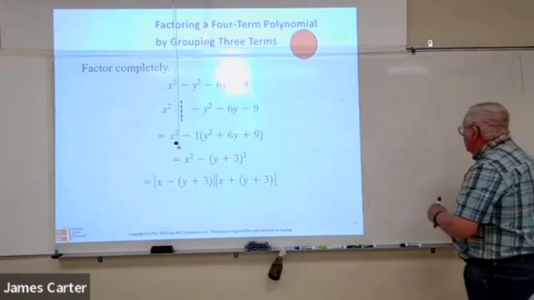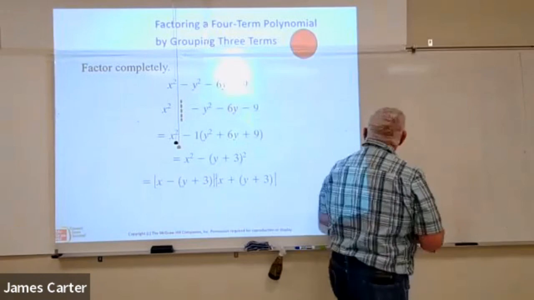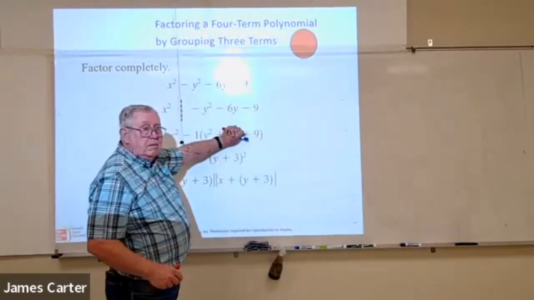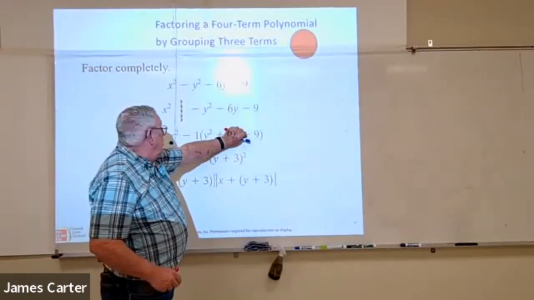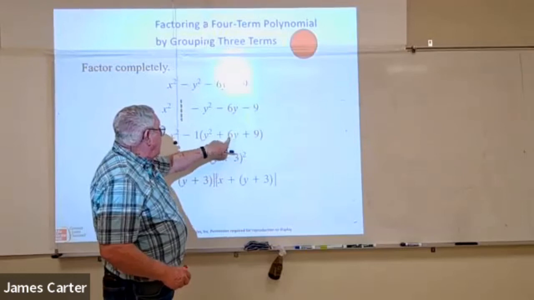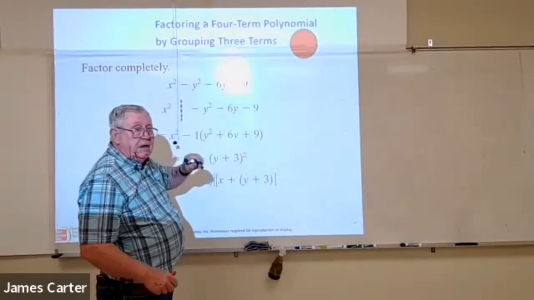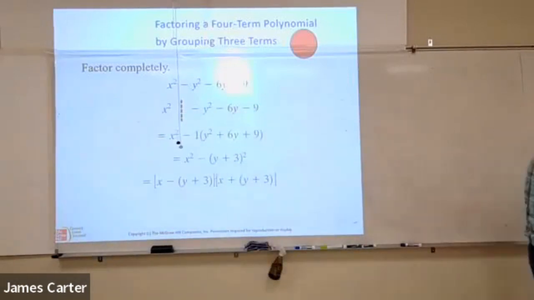You're confusing rule A and rule C. In rule C, I wouldn't have had this middle term. But with rule A or B, I've got that 2 times first times last thing. Did that answer your question?